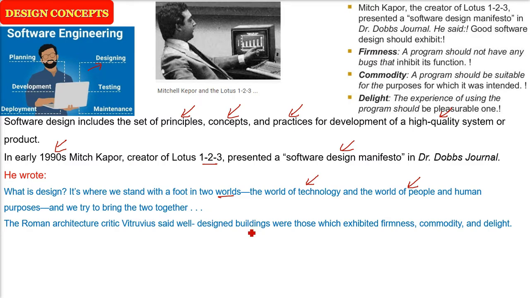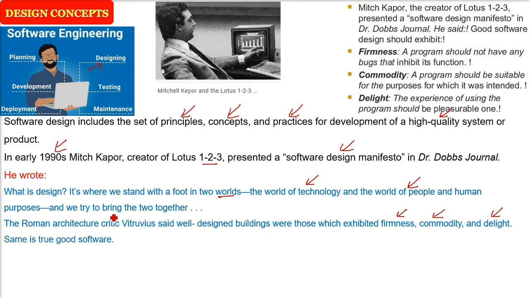What are these features? Like the pyramid, like the leaning tower of Pisa. Firmness, that is, it has to be stout; commodity, it needs to be used for some purpose; and delight, we become very happy when we use it.